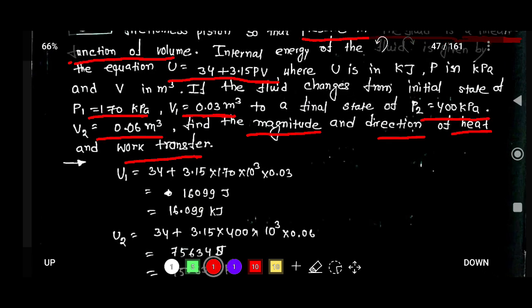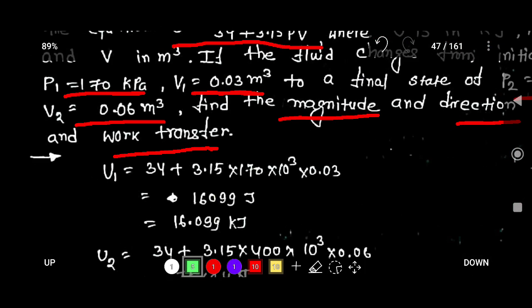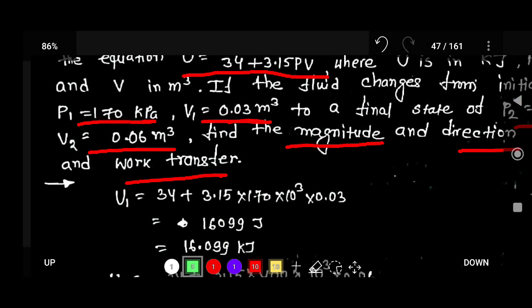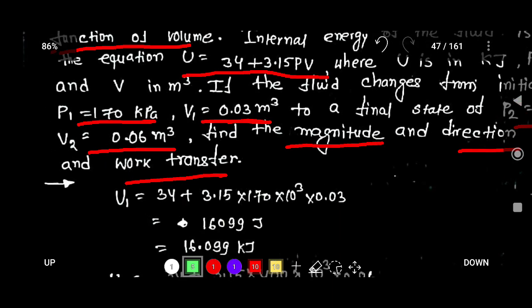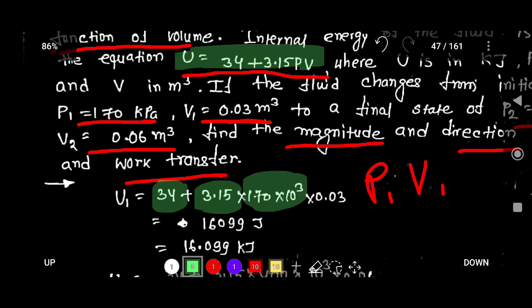Okay, so here just write this formula. This is the relation U given in the question. So U is equal to 34 plus 3.15 PV. So the initial pressure and initial volume is given. So from here you get 34 plus 3.15 times the initial pressure, that is 170 kilopascal.